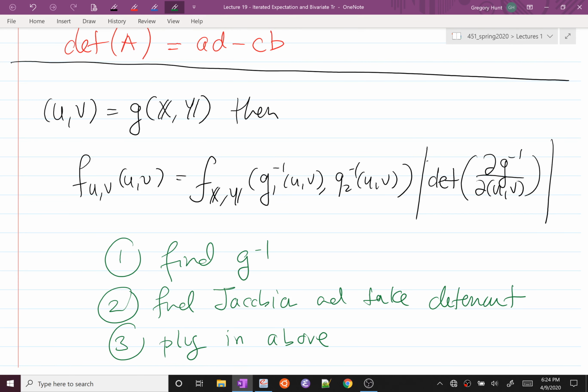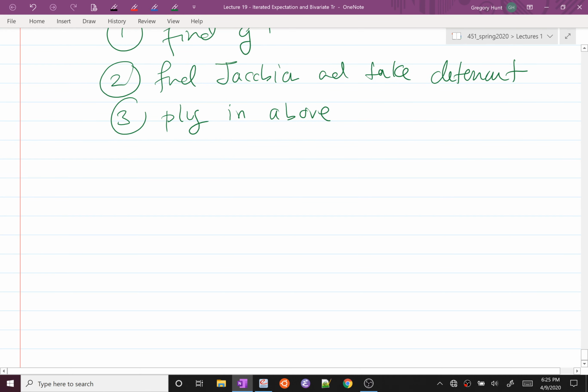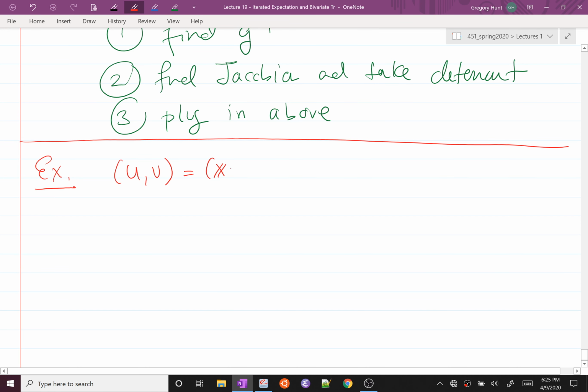Okay, so let us look at one example of this. Let's just do a setup of what one might look like. So here's going to be the setup. uv is x plus y, comma, x minus y.